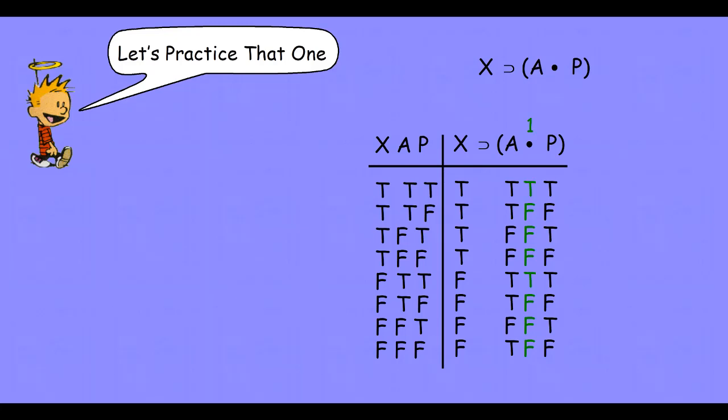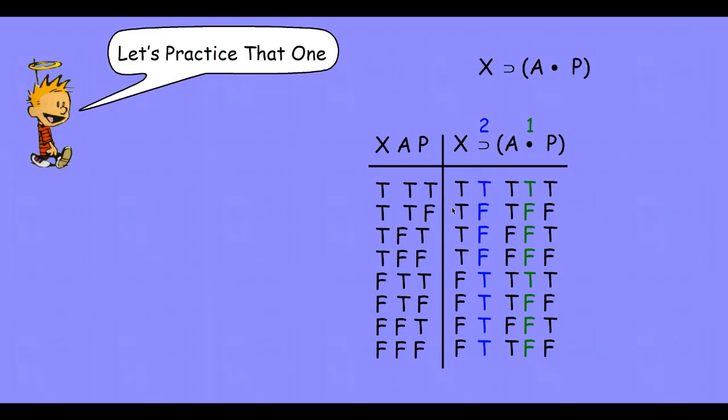Our rule for the horseshoe says the only way to make a conditional statement false is if the antecedent is true and the consequent is false. So we look here under our dot, under our x, and we fill out our truth table under the horseshoe. First one, they're both true, so it's true.